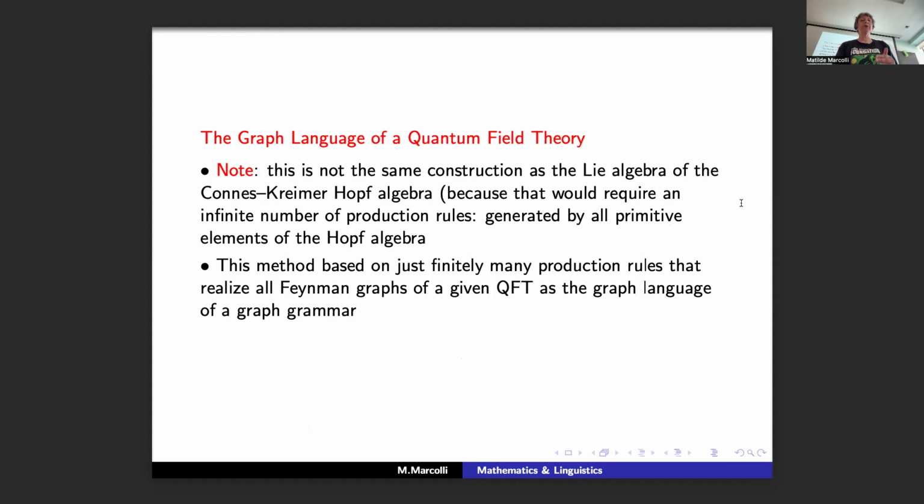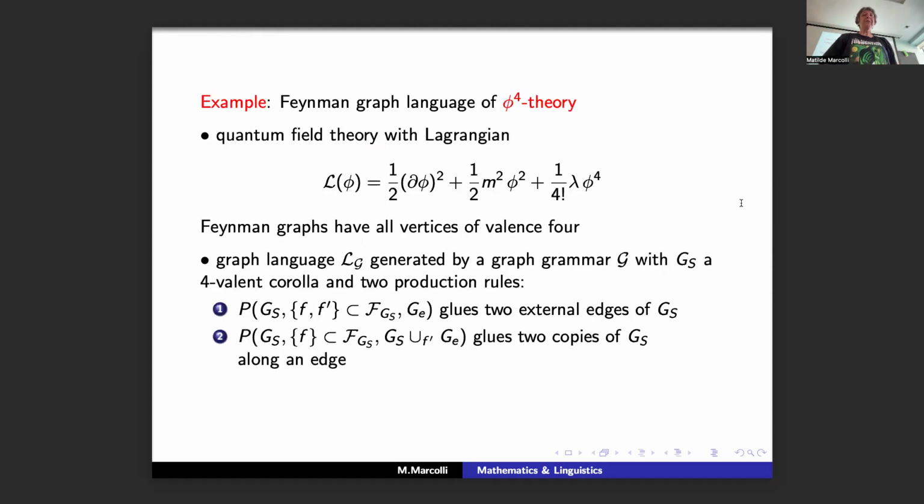And the problem is that now you don't construct a context-free graph grammar. So these two ways are sort of not exactly matching in the middle. But for example, the way you do these graph grammars is basically building the Feynman graphs on the basis of what the basic propagators are for the fields that you have in the quantum field theory. And then the production rules tell you how to glue these together into the graphs.